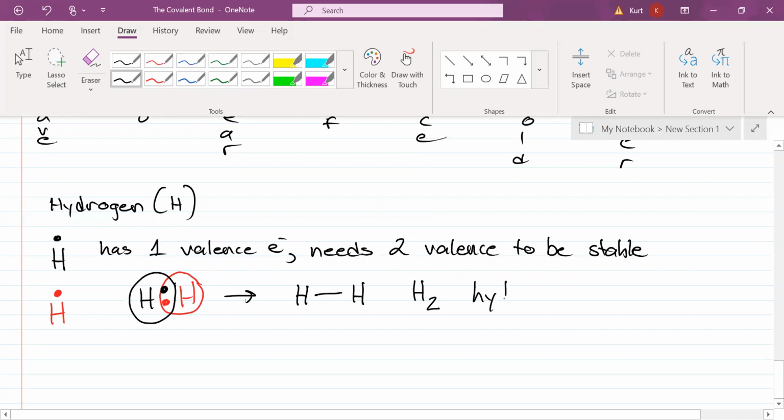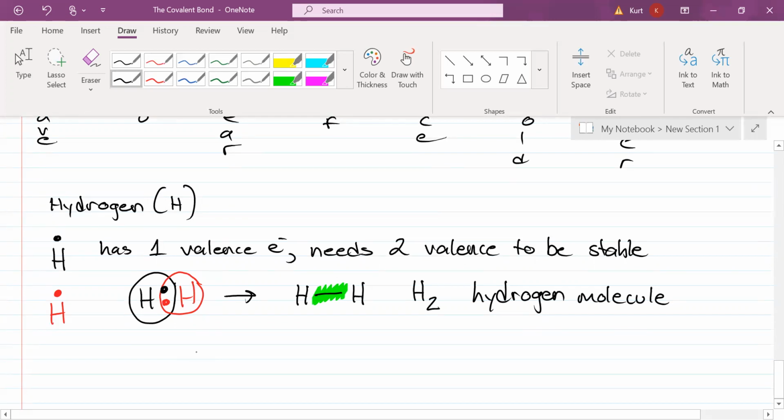This is a hydrogen molecule. A hydrogen molecule is 2 hydrogen atoms bonded together covalently, and they complete each other. This is a single covalent bond. What you see right here, that is a single bond, a single covalent bond. 1 electron from the hydrogen on the left, 1 electron from the hydrogen on the right.